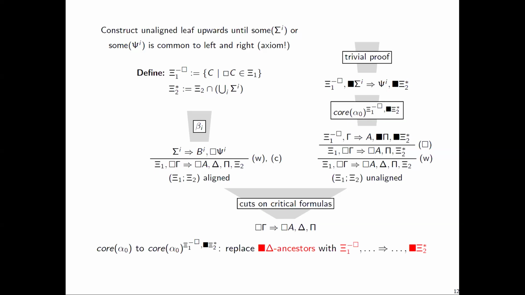Our task is not done because I also need to make sure that whatever I have done here preserves this analyticity property. It is actually more delicate than it looks, because remember, I've removed one formula and replaced it with other formulas. But analyticity says that whatever you see in the premises, you can see in the conclusion.